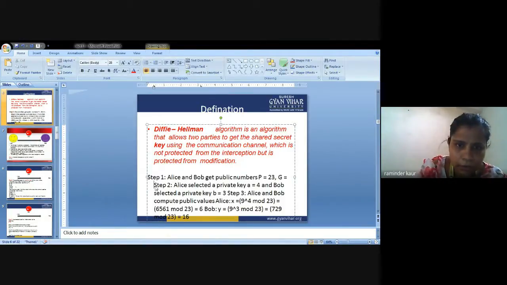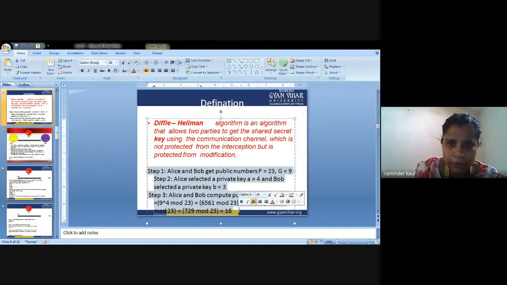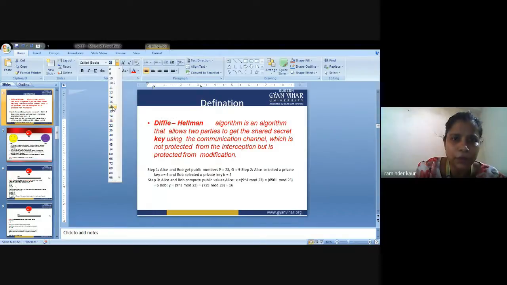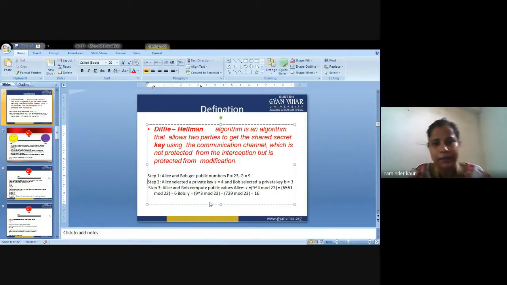Step 1, step 2, then step 3. Let me reduce the size so that you can have a clear understanding of the mathematical problem that I have discussed so far. So these are the first 3 steps, and next I will discuss the other steps. Step 1, again I am telling you, select 2 public numbers, P is equal to 23, G is equal to 9.